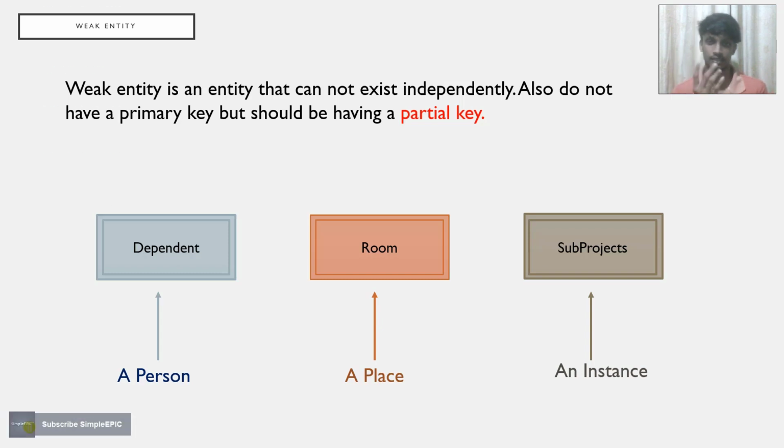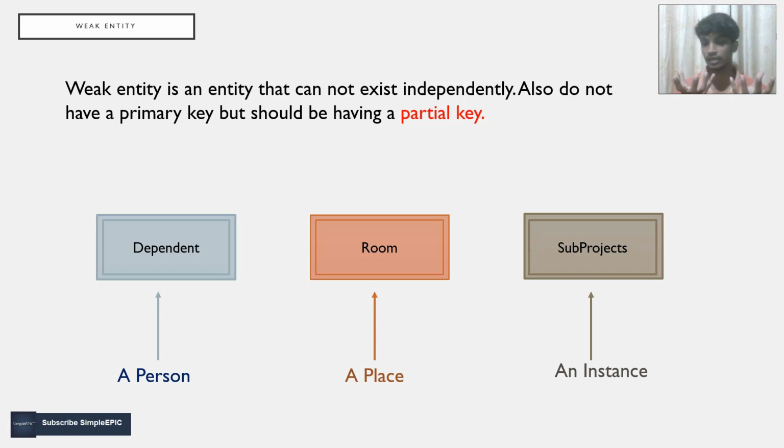The first aspect is that it can't exist independently, which means there should be another entity. We normally call that entity a parent entity, and this is the child entity. So the child entity represents the weak entity, and the parent entity represents the strong entity.